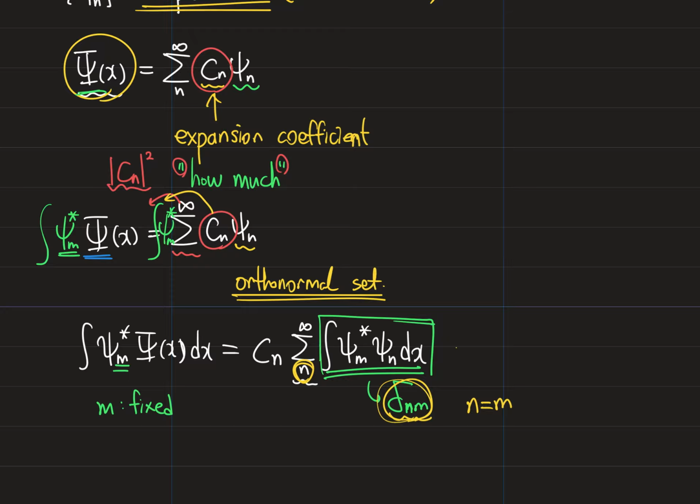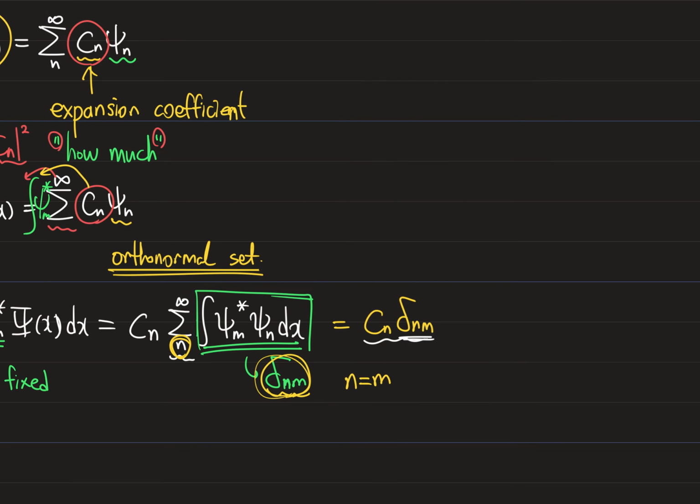So that means Cn, and this value only gives a non-zero value when n equals m, so that's why we have Cm here.